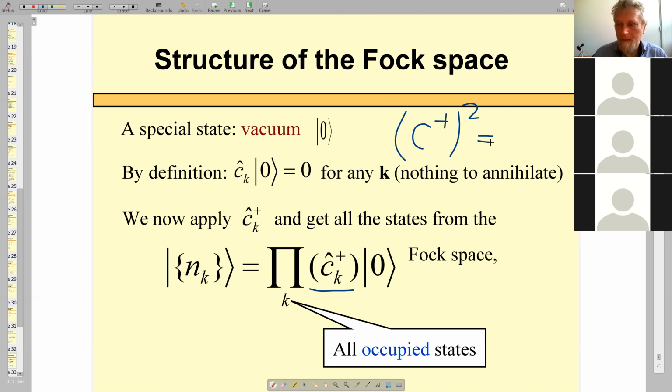Then you can't create more, because you can only have one in every level. If it were identity, look what would happen. You create a fermion twice, you get the same wave function. Nothing would change. No. In that case, it equals something different. It equals the C dagger. What did you say? Just C dagger, so it just adds one particle as many times. No, in this case, yeah. 0.